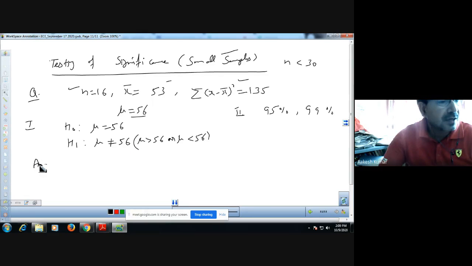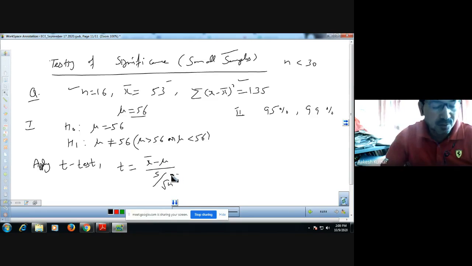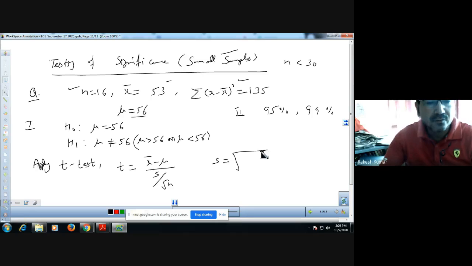Now you can apply a very important distribution, that is the t distribution. So apply the t test, and the formula is t equals x bar minus mu over s upon square root n. You can calculate the value of s by using this formula: square root of the sum of x minus x bar squared over n minus 1.